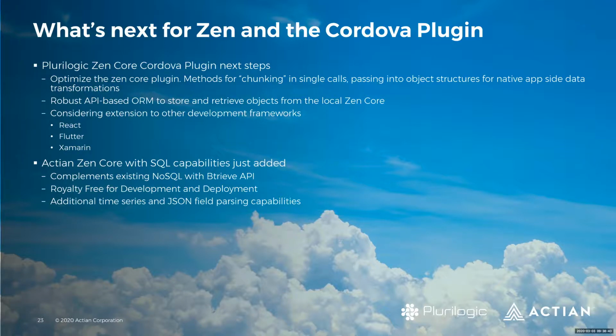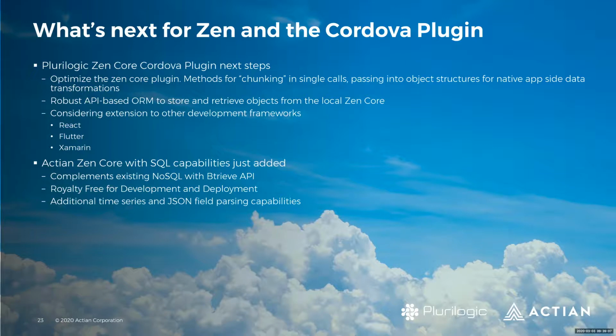In terms of what we're doing next for ZenCore, we actually have done a very significant update to it as of this month. As you saw in what Pluralogic put together, their Cordova plugin makes use of the Btrieve API, therefore it makes use of the NoSQL capabilities.